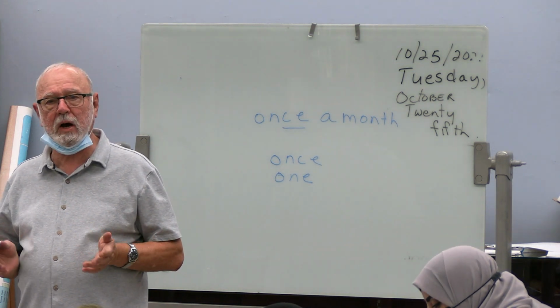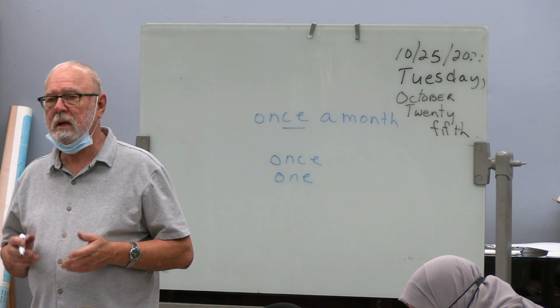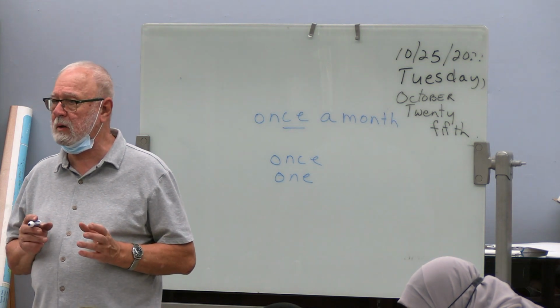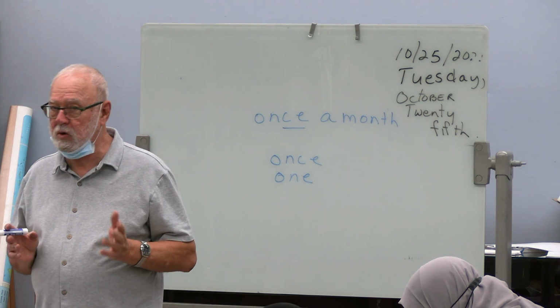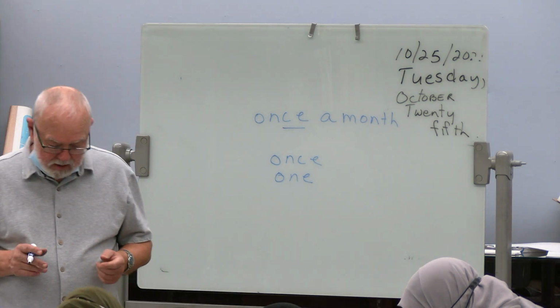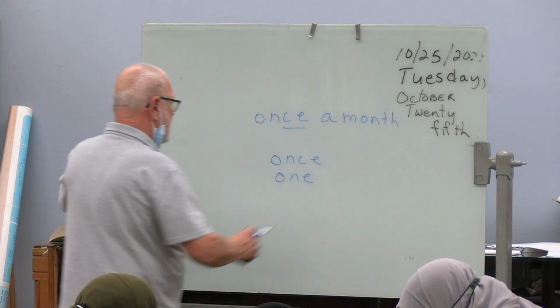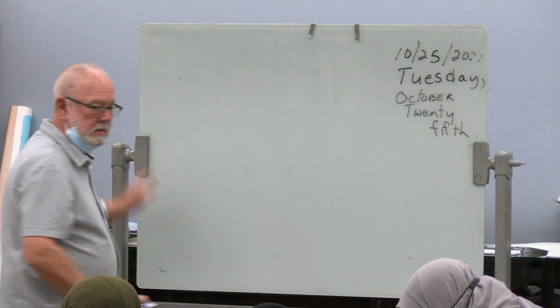So you have to think about when someone says how often, you have to find the correct word. And you can count if you need to specify. These come up quite often. Quite often means a lot.